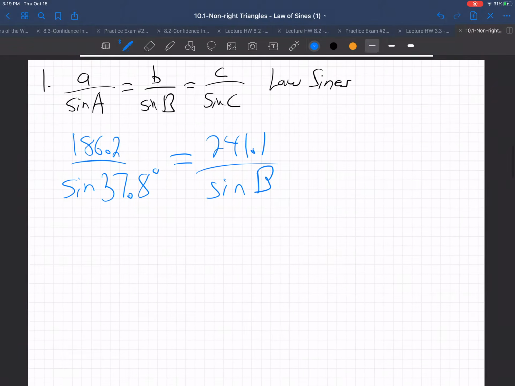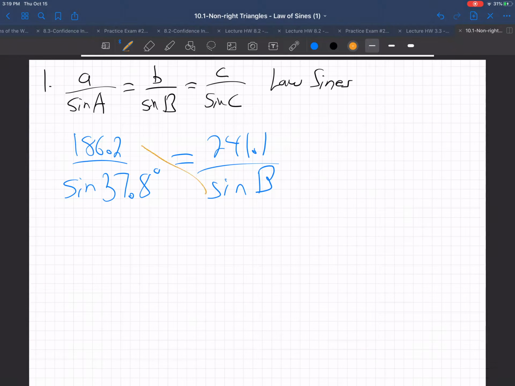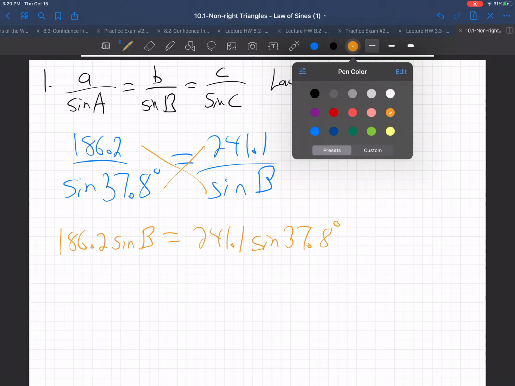They want me to get sine of B alone. So I'm going to go diagonal, diagonal. So I get 186.2 sine of capital B is 241.1 sine of 37.8 degrees.